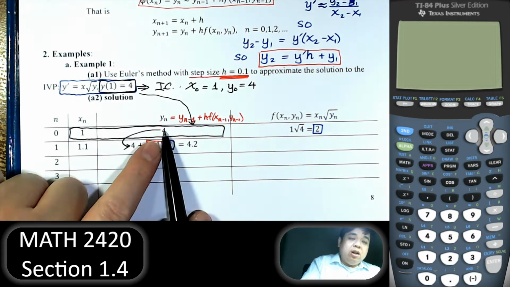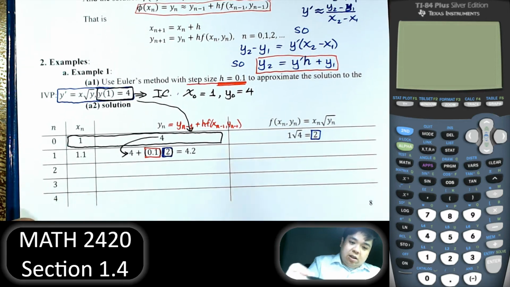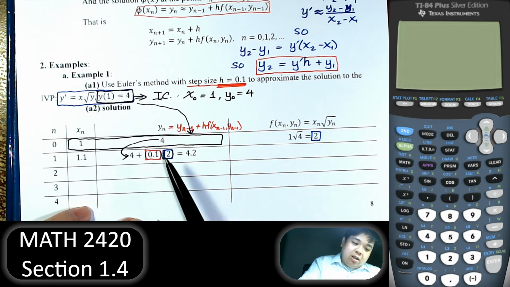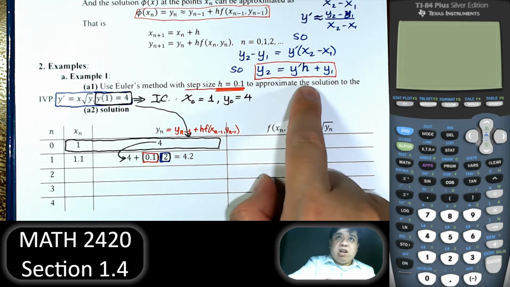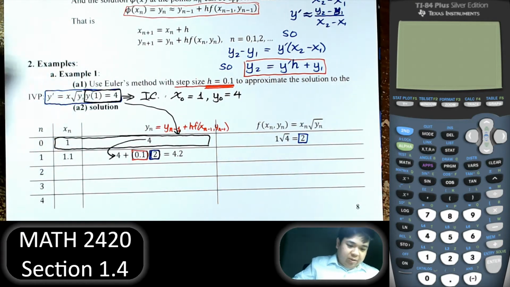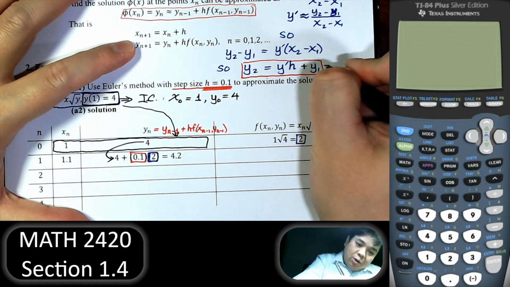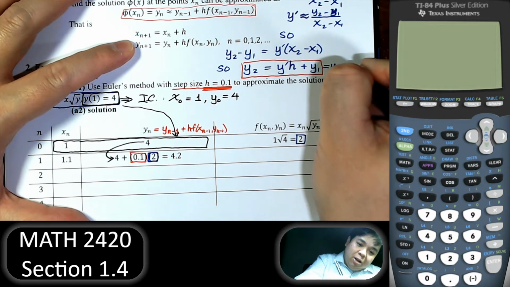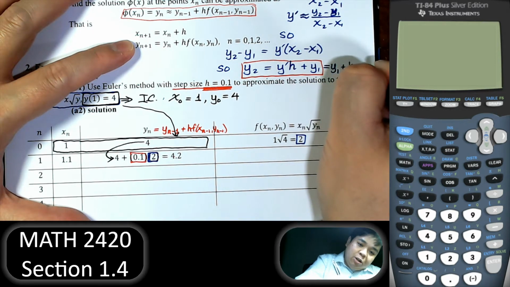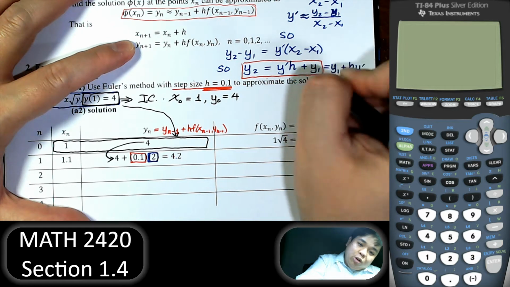So we start with the previous y value plus step size times derivative. Let me rewrite this so it's easier to see. So that will be previous value plus h times the derivative. Right, we're going to use that.